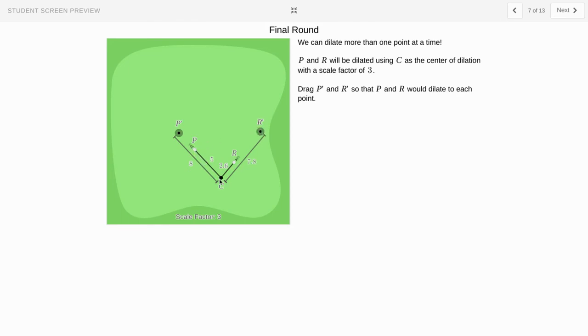And then point P is 5 away. Well, 5 times 3: 5, 10, 15. So we go to 15. And notice, originally R is almost about halfway from P. Well, then now 7.8 is almost halfway, a little bit more than halfway to 15.